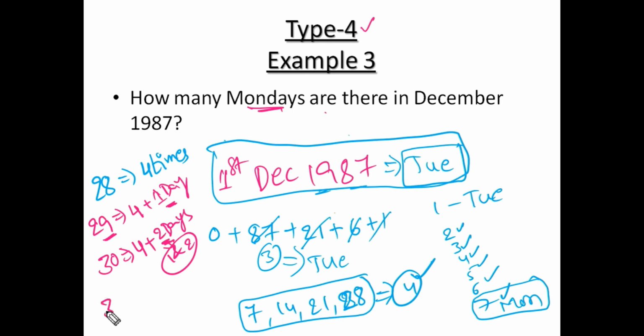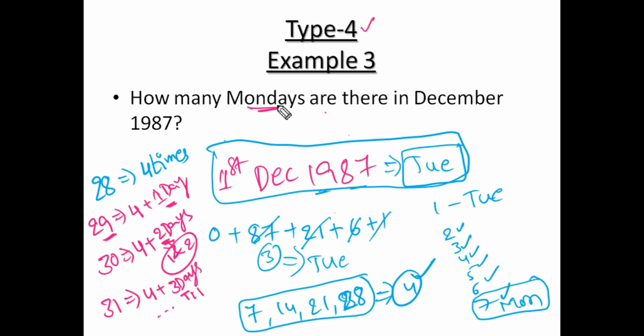Next. If a month consists of 31 days, every weekday 4 times plus 3 days remaining. What are the 3 days? Same as first, second, third. Same as 29, 30, 31.